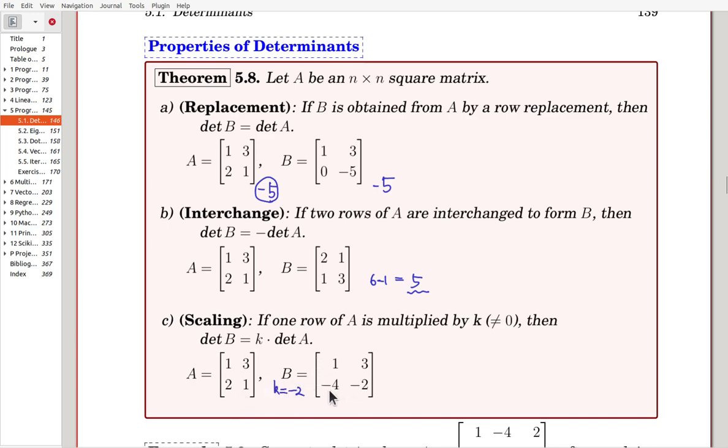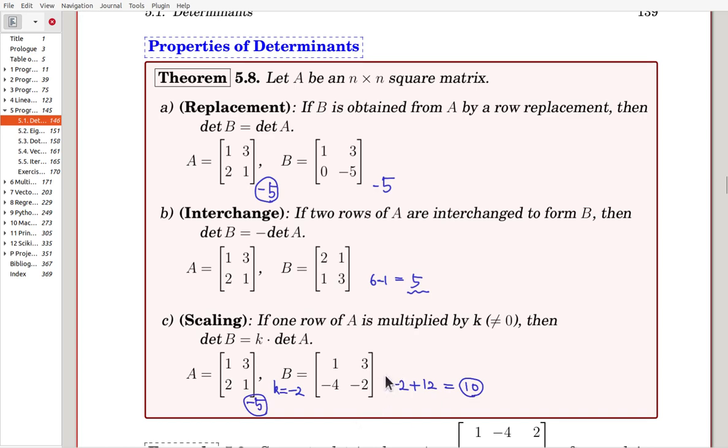So that we have -4, -2. Then from here, the determinant is AD minus BC, -2 plus 12, so that the answer is 10. This is obtained from here, that is the determinant -5 times -2, we can get 10.